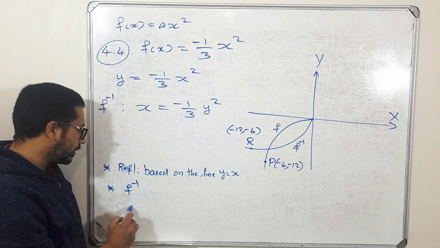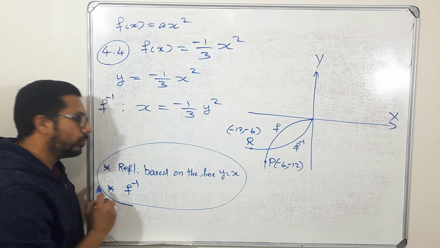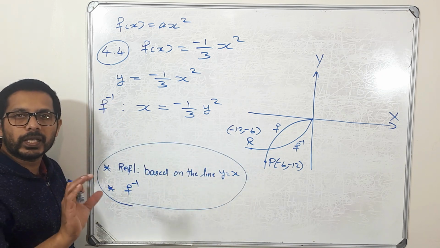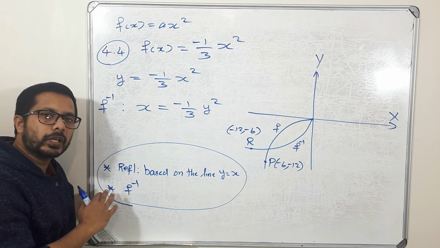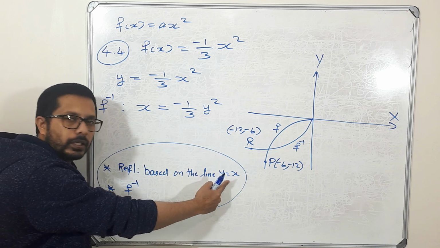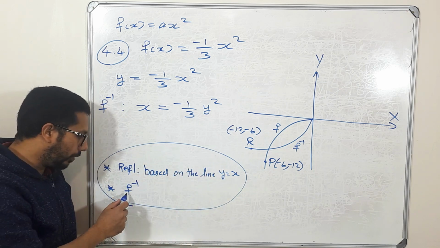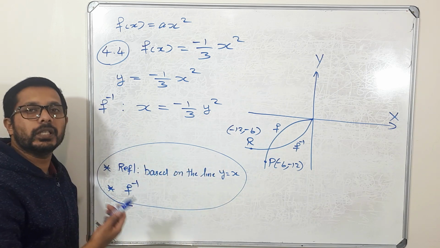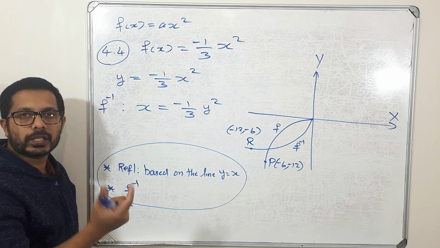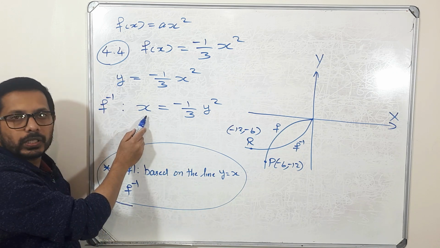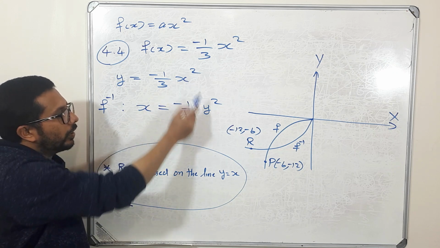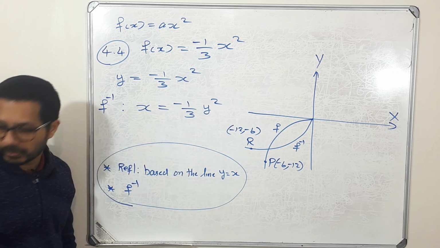In both of these cases, what you are supposed to do? You have to swap x and y. You must keep that in your mind. If the reflection is based on the line y is equal to x, or if you want to find f inverse, it's very easy to remember. You swap x and y. So here I wrote x is equal to minus 1 over 3 y square. That's all.